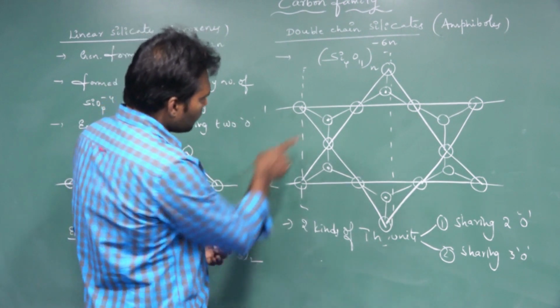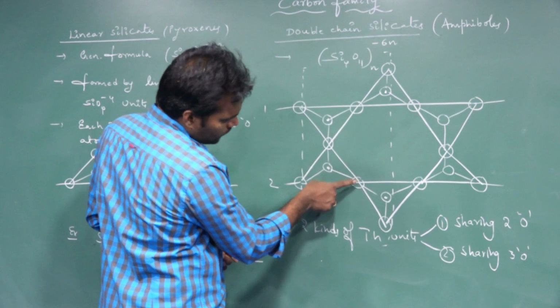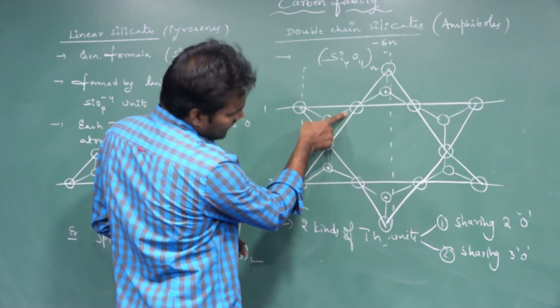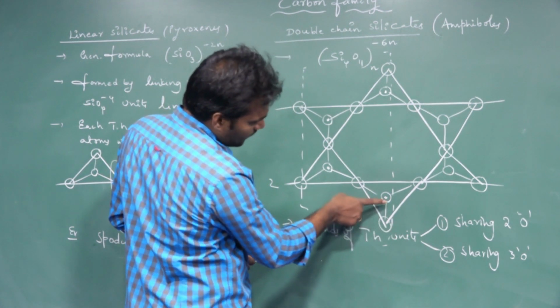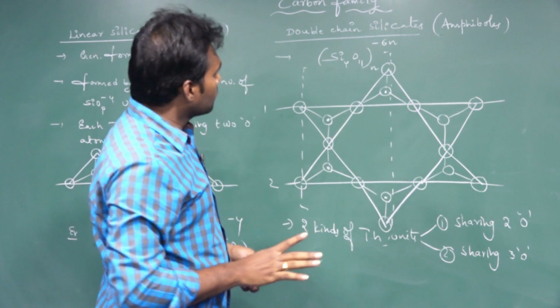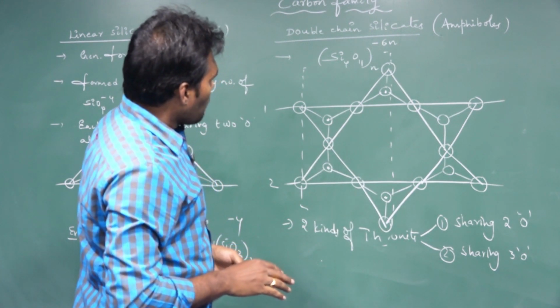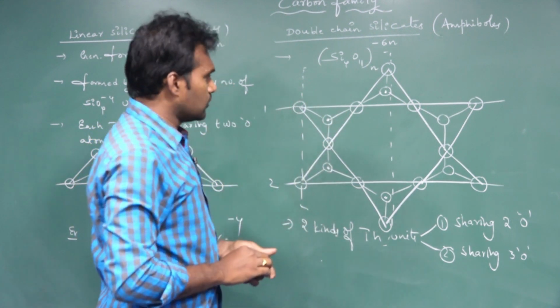1, 2, 3, 4, 5, 6, next 7, 8, 9, 10. I think we missed this 2, I think. Once again we will count.